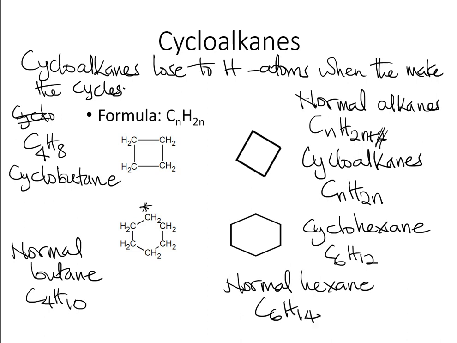So you need to take note. If I tell you this is an alkane with C6H12, you need to know that that is a cycloalkane. It's not a normal alkane. If I say this is an alkane with C6H14, you know that this is a normal alkane or normal hexane.